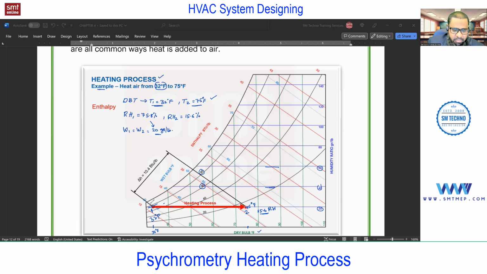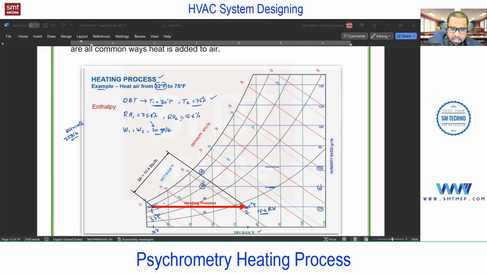It means at this temperature, at 32 degrees Fahrenheit, if I consider 75%, then the remaining maybe 25, say for example 25. So when the humidity ratio increases to 25 grains per pound, RH will be 100%. It means at this temperature, the maximum holding capacity is 25 grains only.